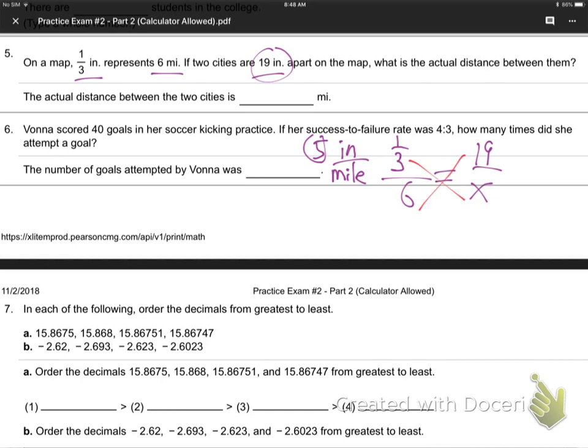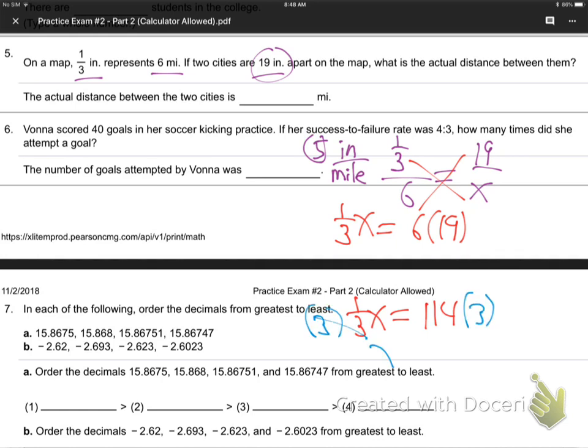You cross multiply, diagonal, diagonal. 1/3 X is 6 times 19. That's 1/3 X is, what, 114? Now how do you finish getting X alone there? Multiply both sides by 3. That cancels that 3. And that's 342. So 342 miles apart.